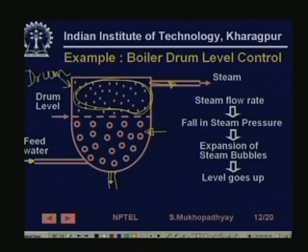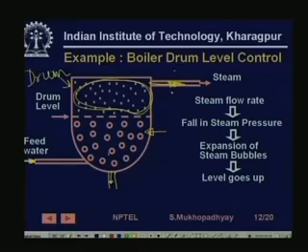Now, in the steady state, if the boiler drum level has to be maintained, then the mass of water entering the system and the steam that is leaving the system must be matching.